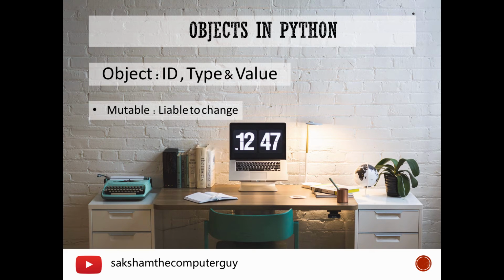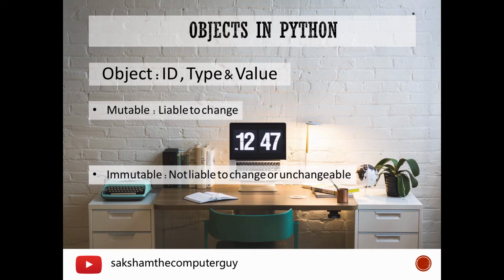Now, there are two types of objects in Python 3. The first one is mutable, which has the liability to change. And the second one is immutable objects, that don't have the liability to change. For example, dictionaries and lists are examples of mutable objects in Python.